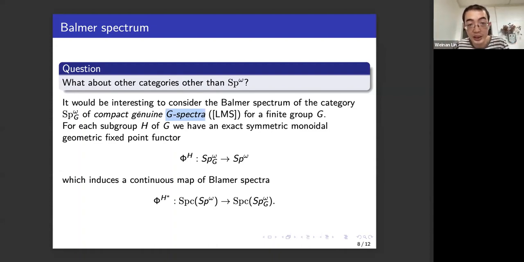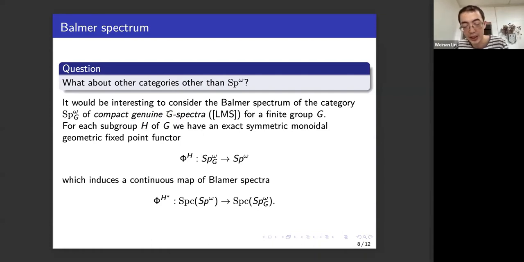And for genuine G spectra, you can have an RO(G) graded cohomology theory, which means that H1, H2, H3 correspond to the trivial representations of the group G. And RO(G) graded cohomology means that for every G representation V, you have a cohomology HV.